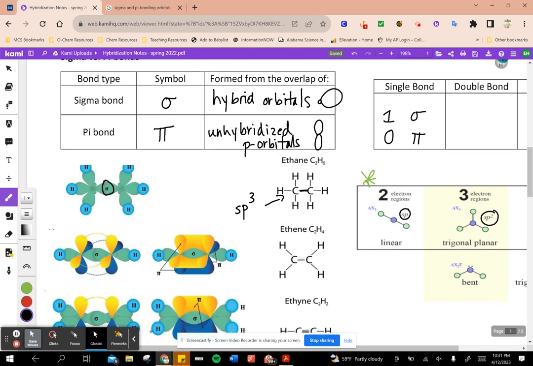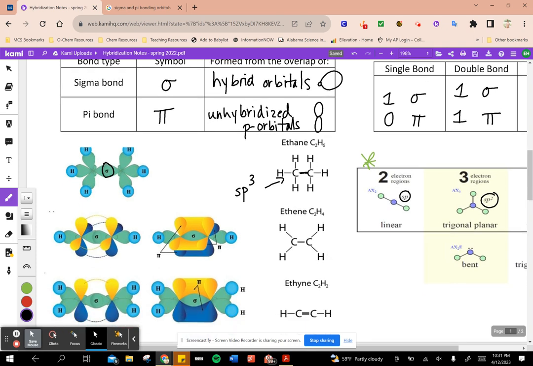A double bond is actually made of one sigma and one pi bond. An example of that is ethene. We've been learning functional groups, so this is in the alkene family. What you'll notice in the center is representing sp2 hybridization.